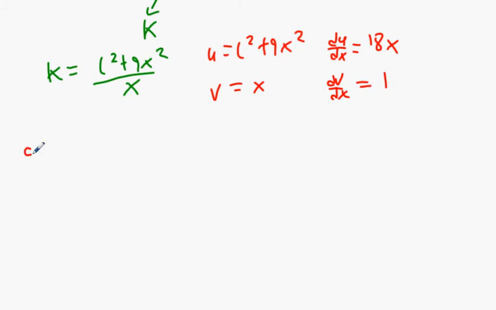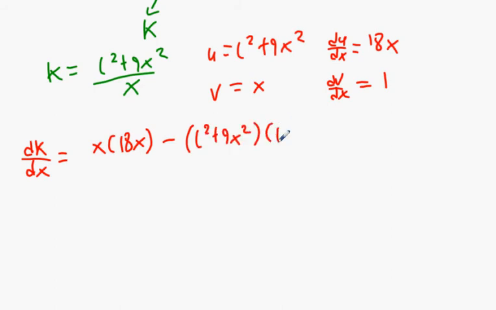Do the quotient rule for dk dx. And what we should get here is v times du dx minus u times dv dx, divided by x squared equals 0.